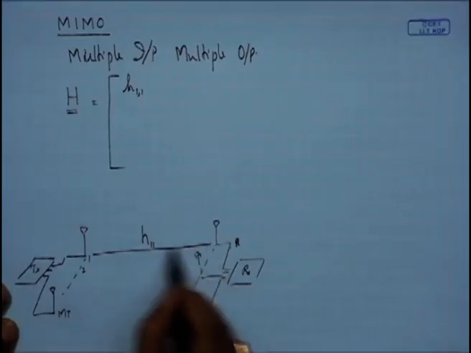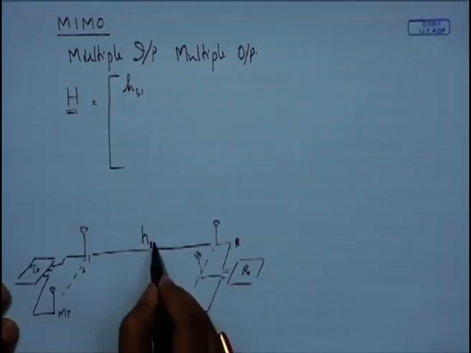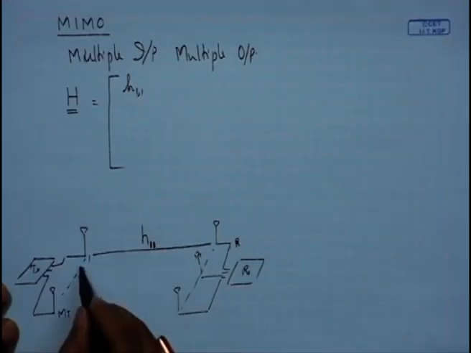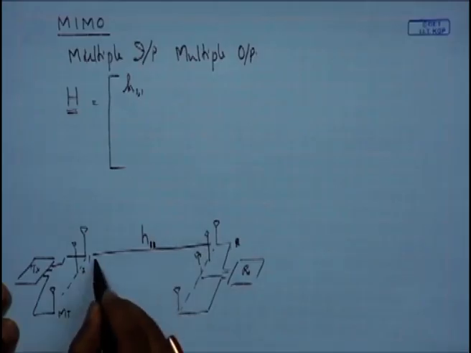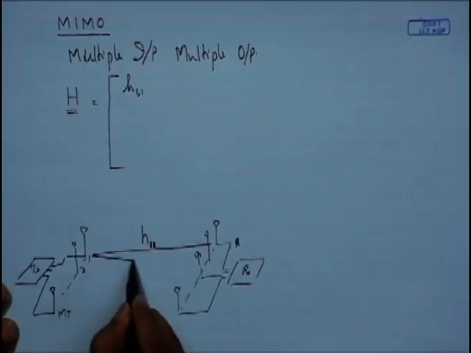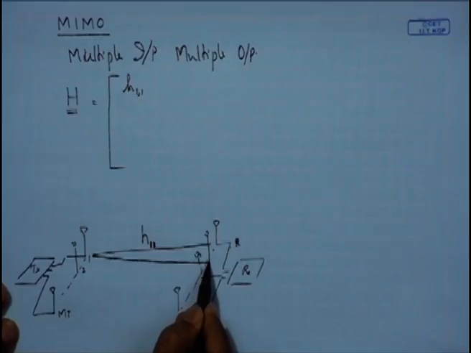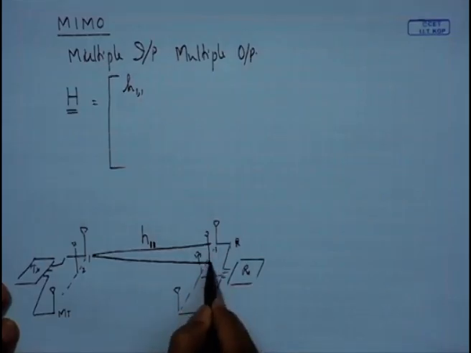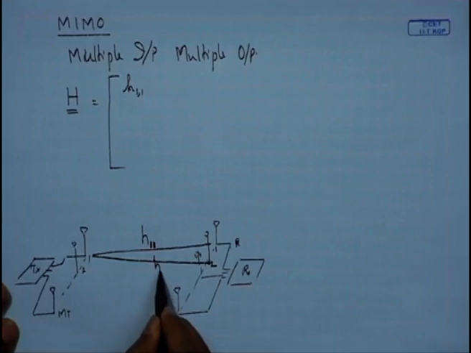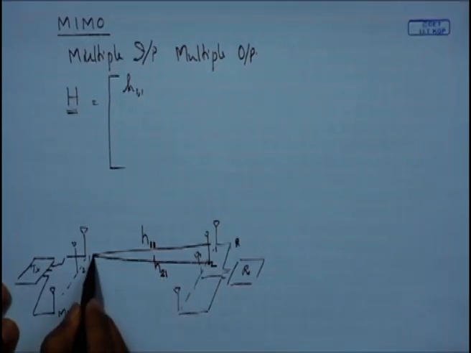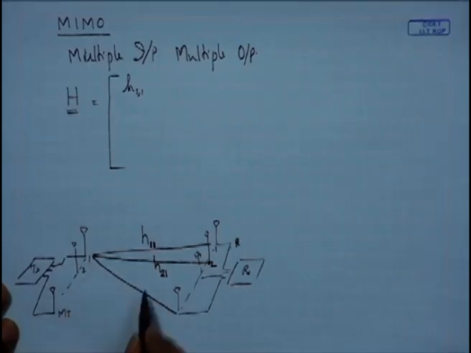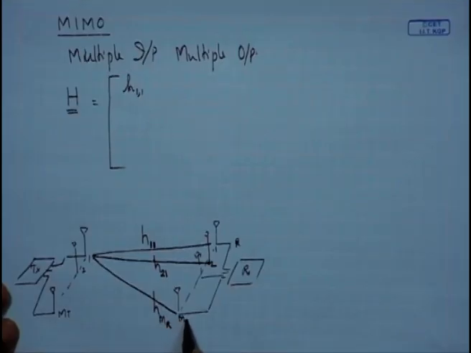This is received on antenna 1, transmitted by antenna 1. The second antenna link, if I draw the second antenna, that's for sake of convenience. So this link, if you look at it, goes to the second antenna, H of received in antenna number 2, transmitted from antenna number 1. Similarly, this particular one is H received in antenna number MR, this is MR, transmitted from antenna number 1.